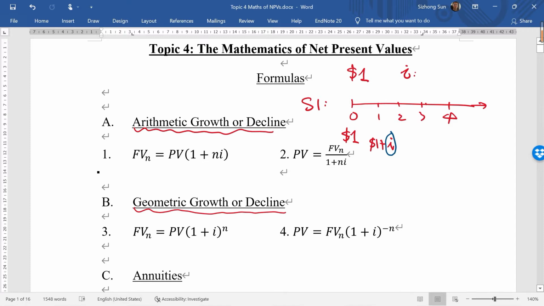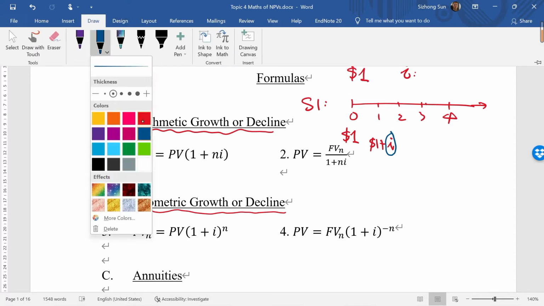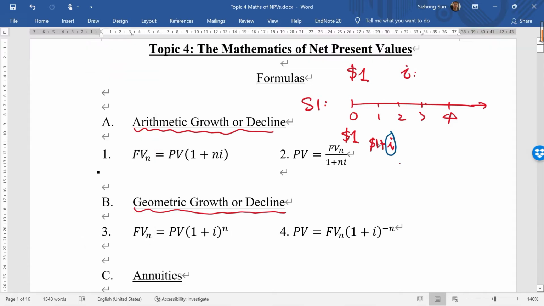Okay, set it aside. Then in year 2, this $1 from year 1 will continue to generate interest. So I get $1 plus i dollars.